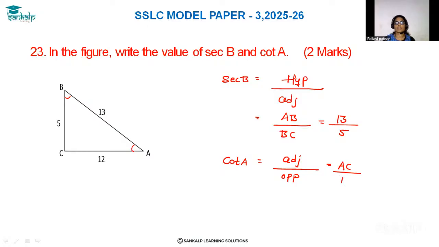Okay, so the opposite side of angle A is BC. So here AC is 12 units divided by BC is 5. So here secant B is 13 divided by 5 and cot A is 12 divided by 5. Thank you.